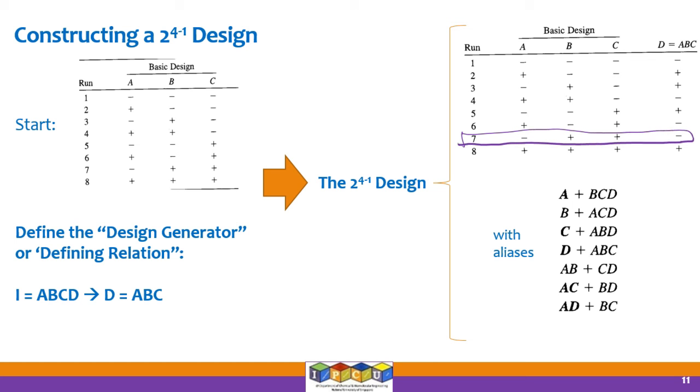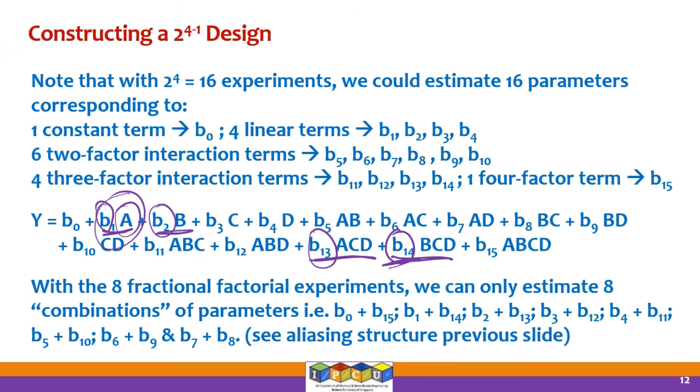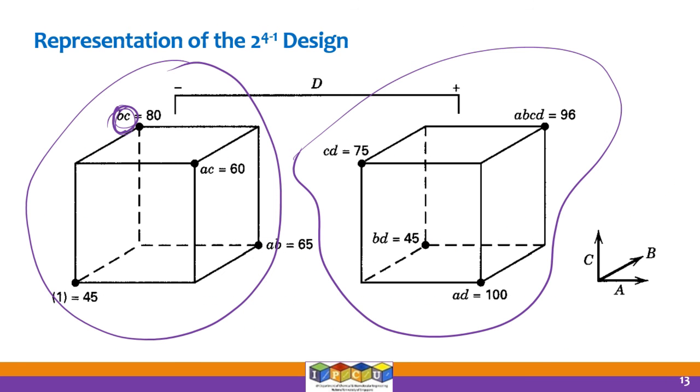Because B and C are high, A is low, this experiment would be D is equal to minus 1, and amongst A, B, C, this would be called label BC. So this is run 7 in that table. The values that are shown here, 80, 60, etc., correspond to the value of Y collected at those conditions. So that is what it means.